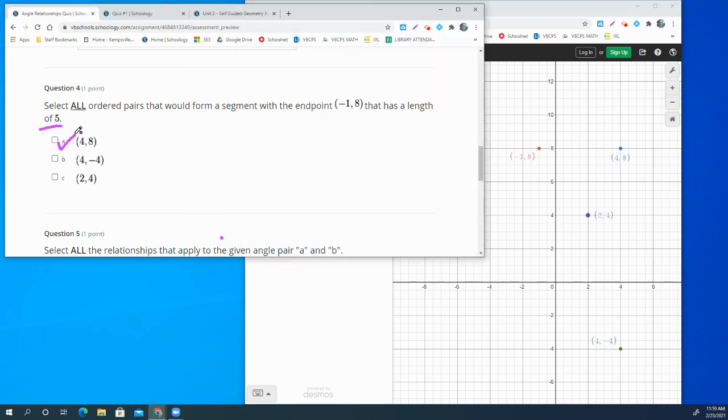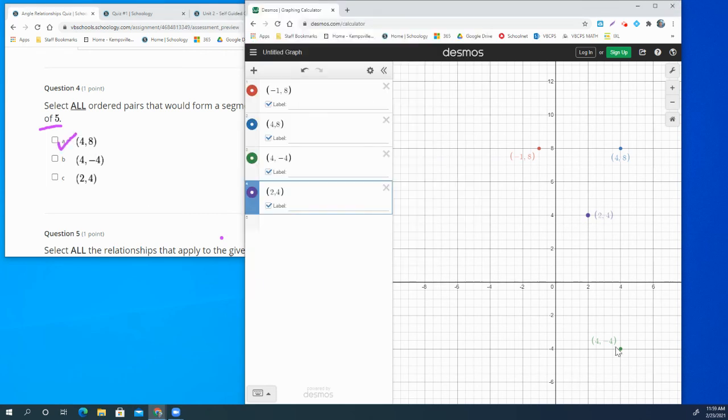So 4,8 is definitely going to be a choice. This green one way down here is 1, 2, 3, 4, 5, 6, 7, 8. Like, it is crazy far away. So I'm thinking that's not going to go. From 8 to negative 4, that's actually 12 because I zoomed in and now I'm going like by 2. So I can eliminate this one right off the bat.